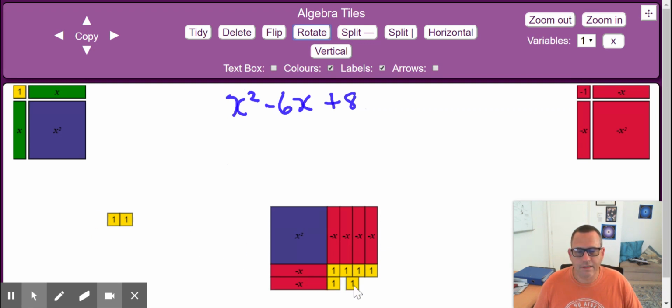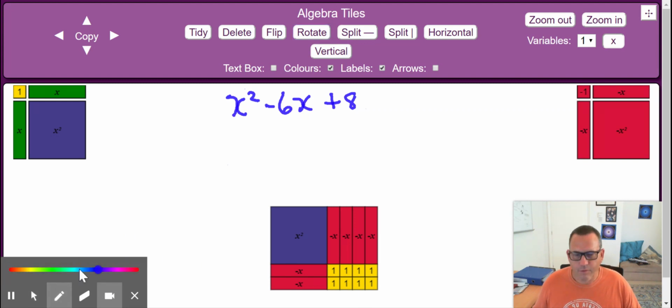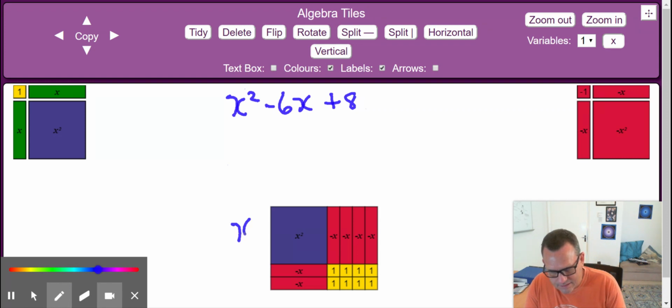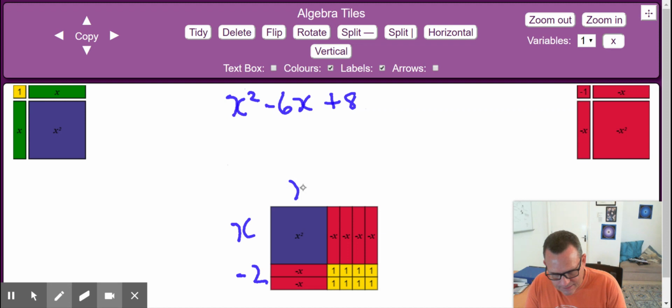Okay, and we should already see what we're going to end up with. And we have a rectangle. Okay, and so if we factorize this, what do we end up with? Well, here we ended up with the x, and here we have a minus 2. The length of that side is x, and I have 4 minus 1s, so that's minus 4.